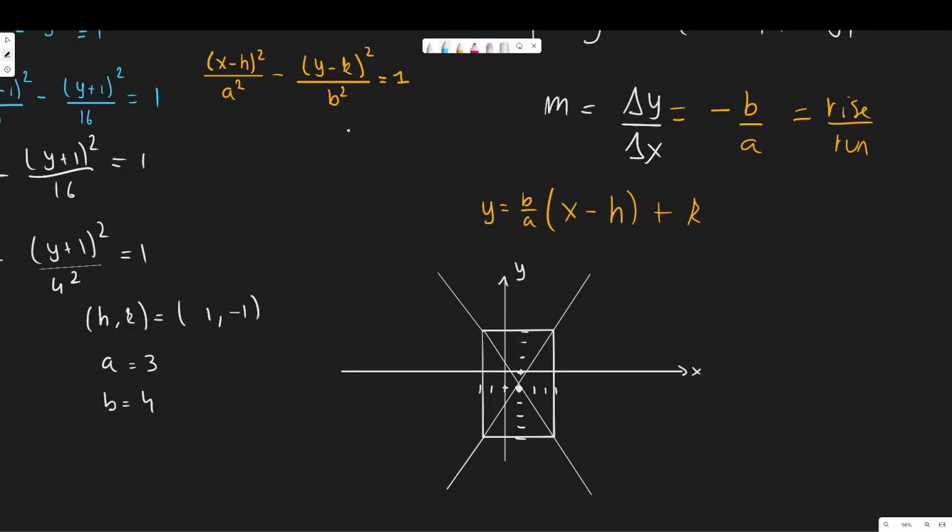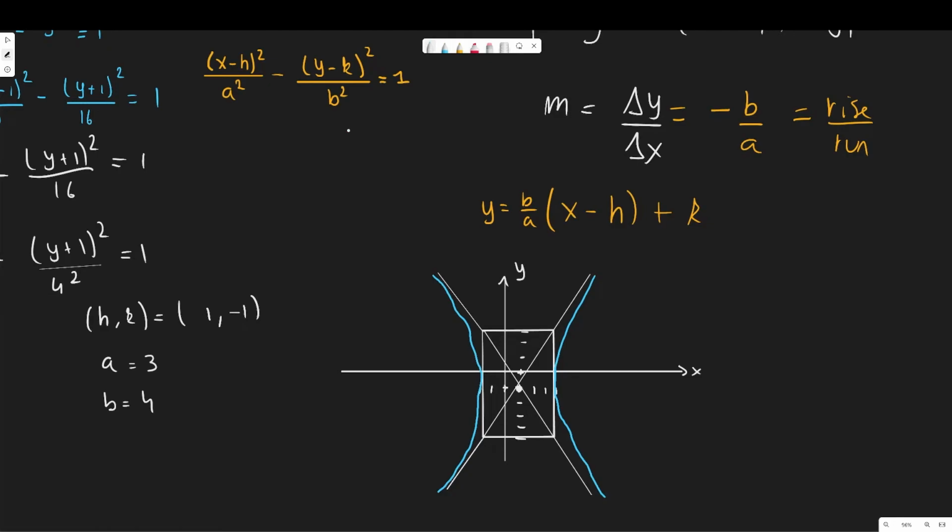And now we have everything in order to sketch our hyperbola properly. So the only thing we have to do is follow our asymptote, hit the center of the side of our box, and then follow our asymptote like this, and the same for the opposite side. So follow the asymptote, hit the box in the middle, and then just follow our asymptote backwards like this, and this will be our sketch.